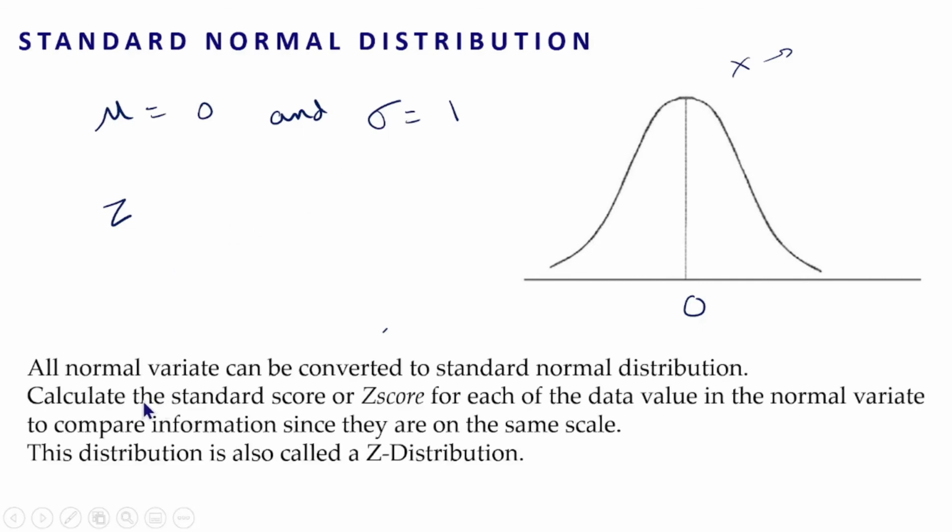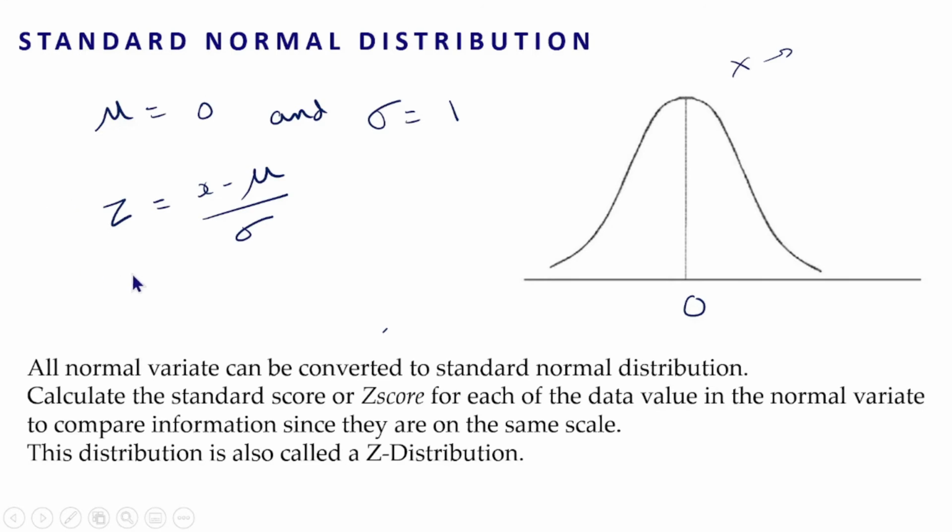So for comparison purposes, we use the standard normal distribution. All normal variates can be converted to standard normal distribution. So here how we can do this is, we can do it using the relation z is equal to x minus mu by sigma. So this is called the z score.